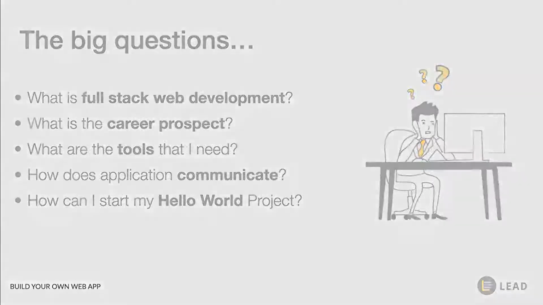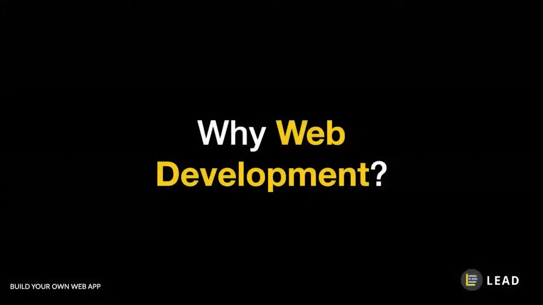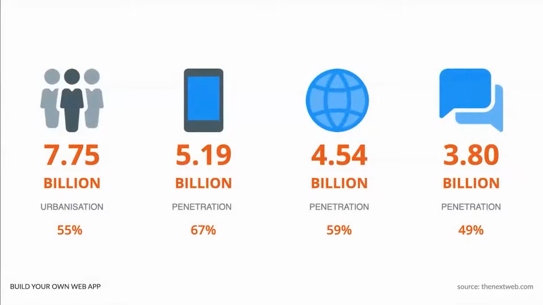So why web development? These numbers are statistics that I got from Q1 or Q2 of 2020, based on thenextweb.com, which, if you're interested, you can go over there and search.